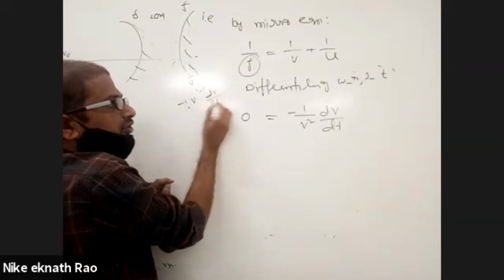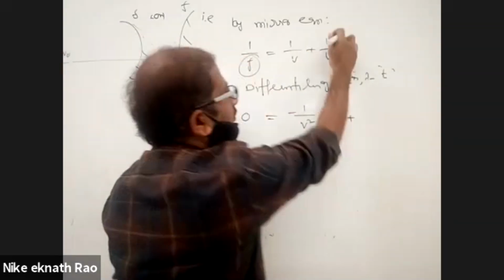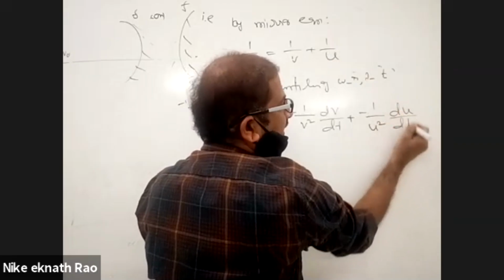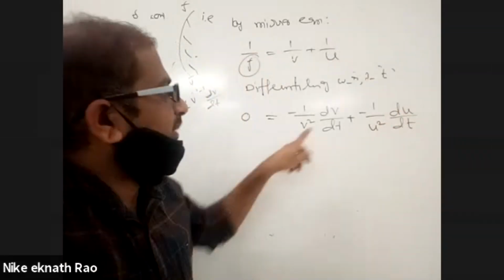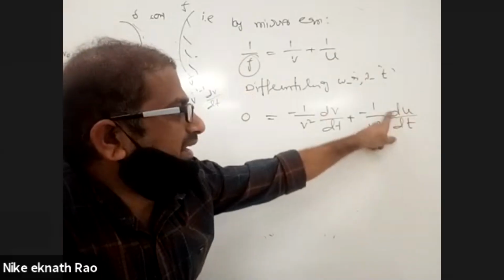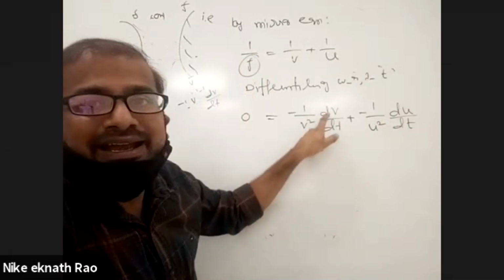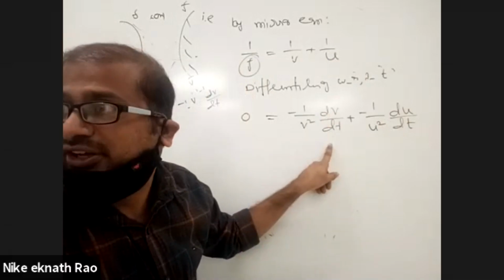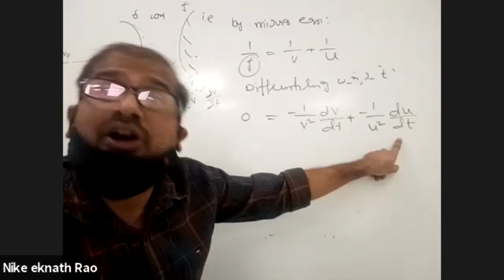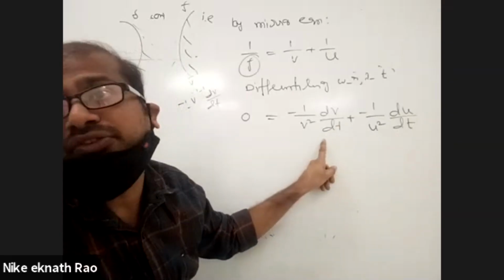Similarly, plus 1 by u gives minus 1 by u square du by dt. Du by dt is the rate at which object distance is changing, and dv by dt is the rate at which image distance is changing. The rate at which object distance changes is called speed of object, and the rate at which image distance changes is called speed of image.